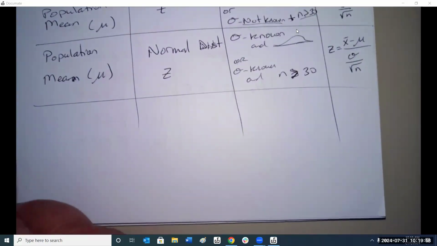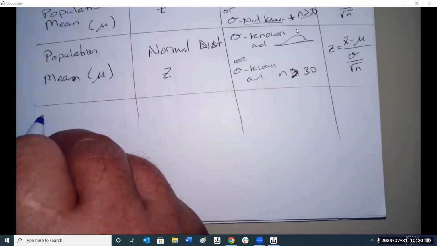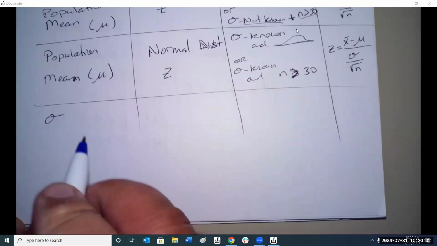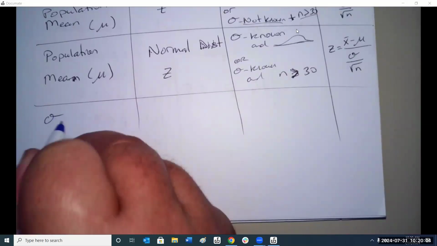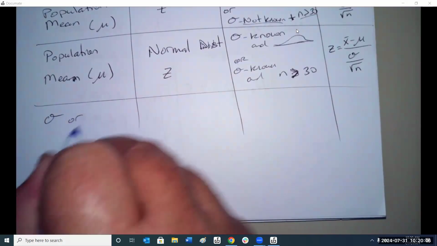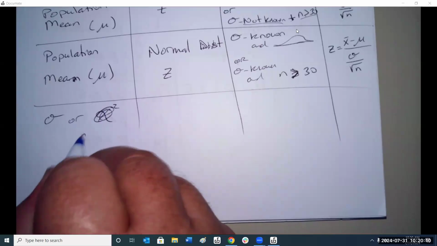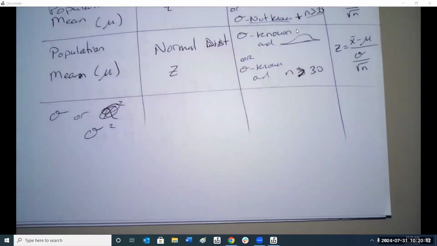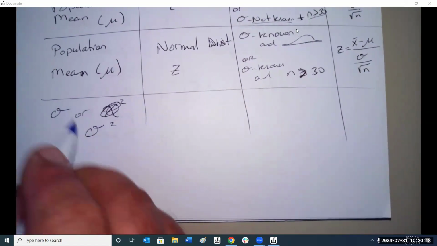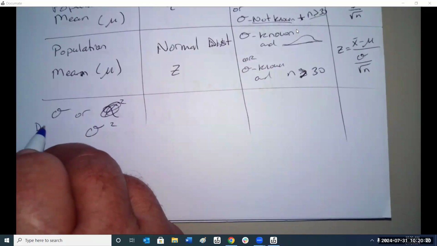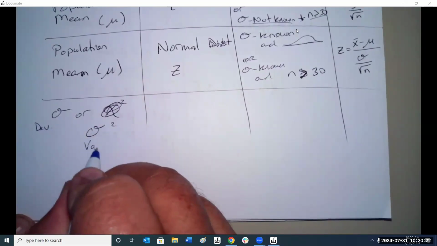And the last one is the standard deviation of the population, or the variance. We're not going to do chi-squares yet. Remember the difference between these two. This is deviation. This is variance.